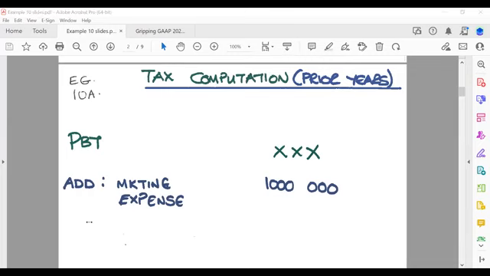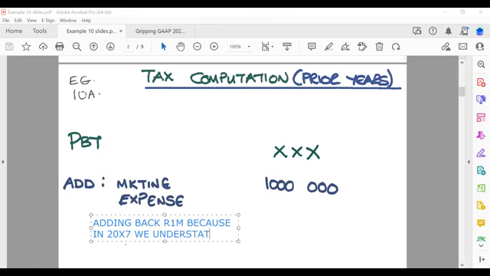We are saying to the receiver of revenue, we are adding back this 1 million because in previous years, in 20X7, we understated our profit to the receiver of revenue. So to correct that, we have to add back 1 million to our tax comp. So we don't have a marketing expense. What do we have? We actually have an asset.